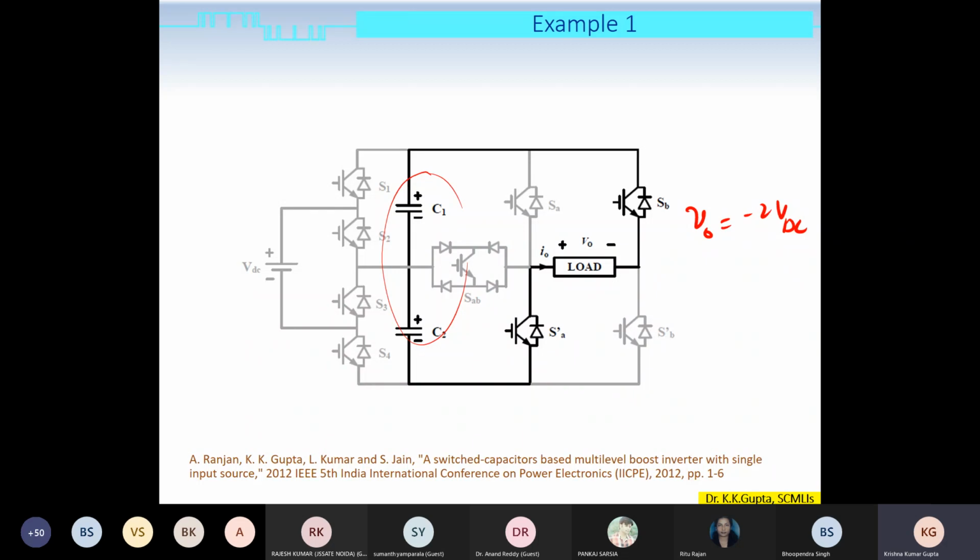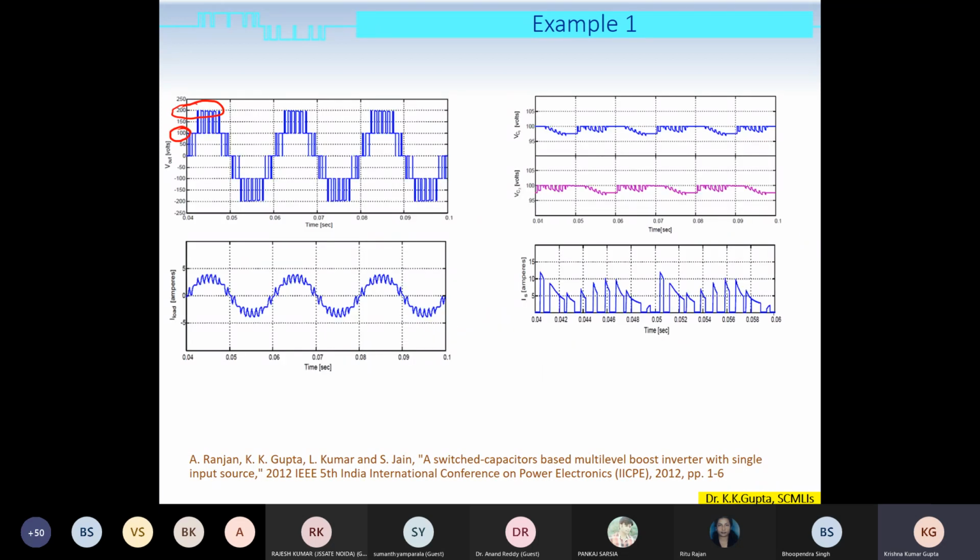We are switching the capacitors, charging them by bringing them in parallel with the source, and discharging them by bringing them in series with one another or in series with the source itself and connecting them to the load. Right. This principle is applied in many interesting ways to different types of topologies, which I'll discuss.